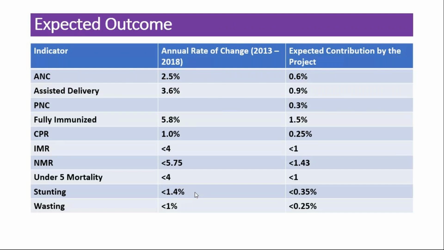There is a very slow change in the CPR historically, so these are very conservative numbers. Likewise, in IMR, NMR, and under-5 mortality, improvement is noted, and the expected contribution is also provided here, and in stunting and wasting as well. Next, please.